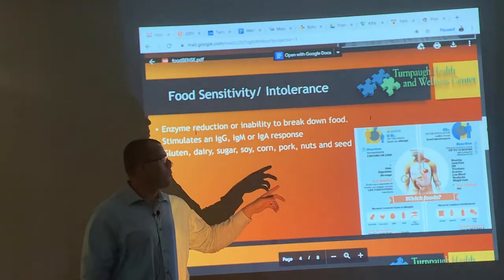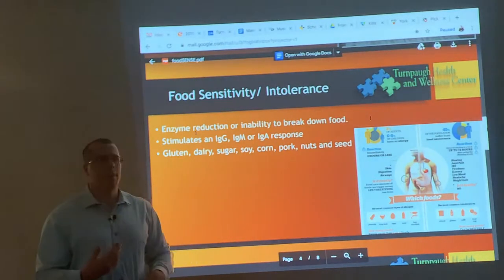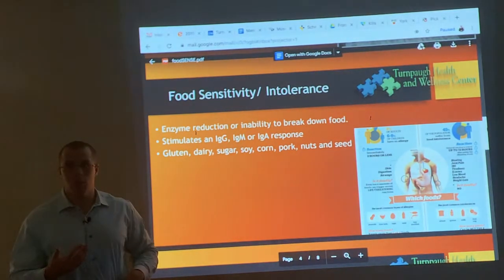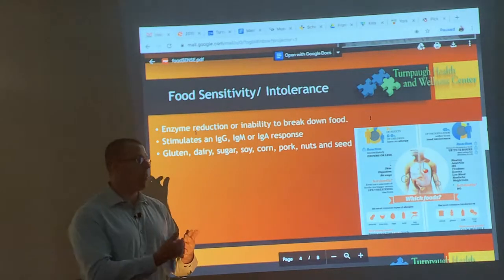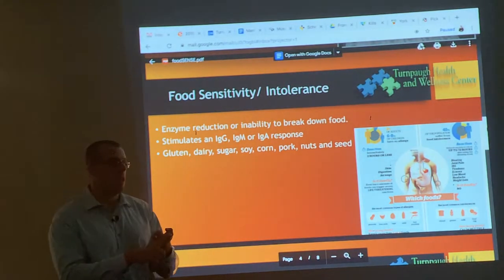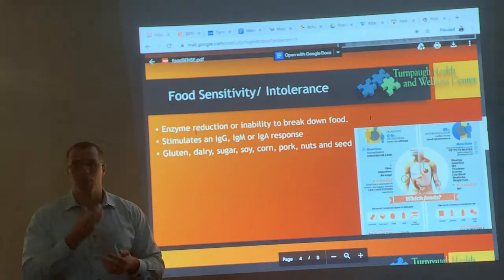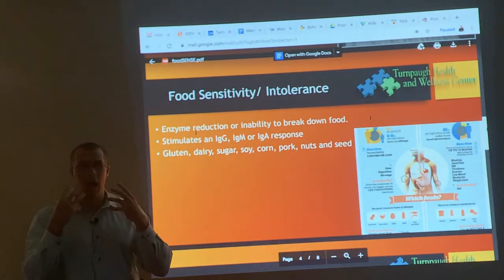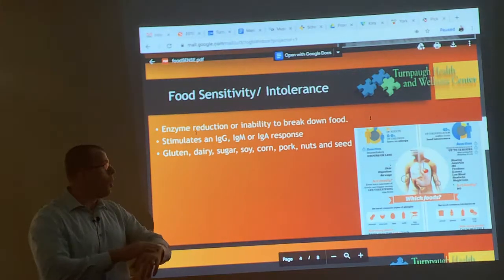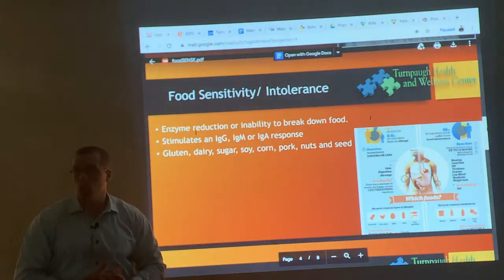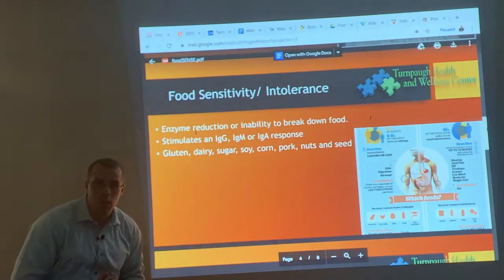A lot of the time with an allergic response, you're going to have an anaphylactic response. So that means you'll notice it typically in the skin, the digestive tract, or the airways. You'll get bronchial constriction, you'll break out into hives or a red wheal, or you'll get doubled over in pain, digestive complaints.